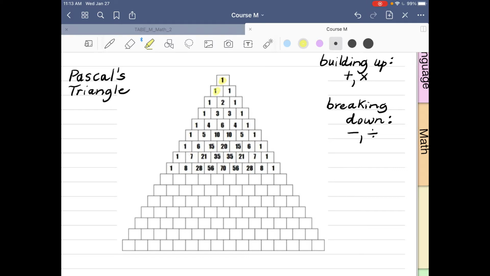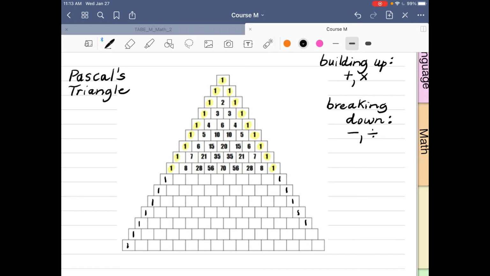If you look at these numbers coming down the sides of the pyramid or the triangle, they are ones. And that's happening on both sides of the triangle. So we can go ahead and fill in those outer boxes with ones. Just bring the ones on down on both sides.